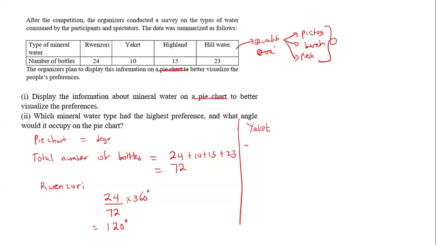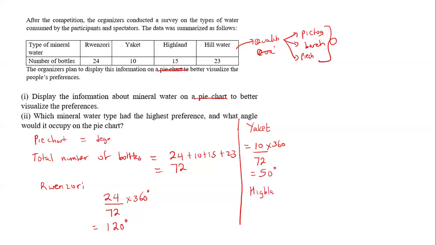Must be 10 out of 72 times 360. It's 50 degrees. 50 degrees, good.